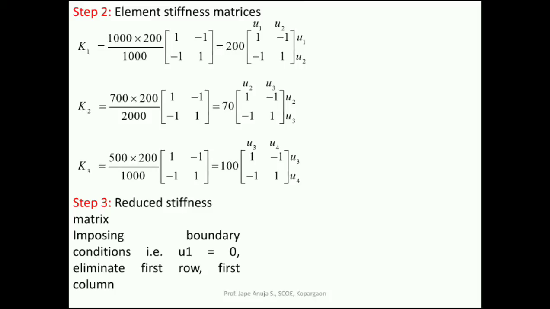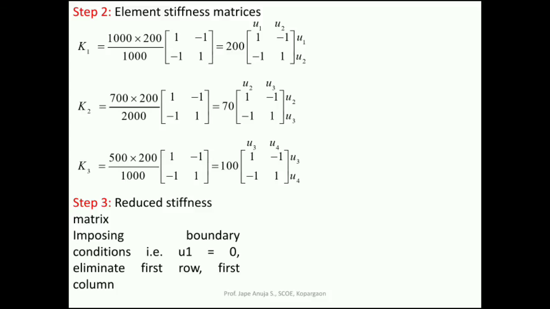If you have the practice of applying the boundary condition, impose it right here in K1, K2, K3 and directly write the reduced stiffness matrix, because that is what we want in the equilibrium equation, K delta equal to F, where K is the reduced stiffness matrix. So imposing the boundary condition, U1 is 0.